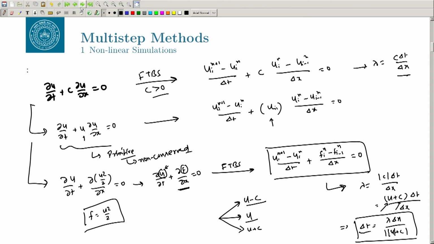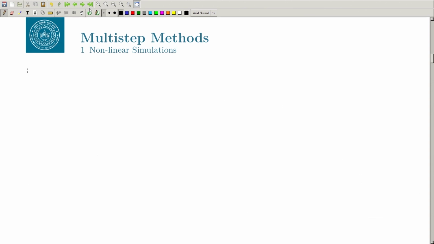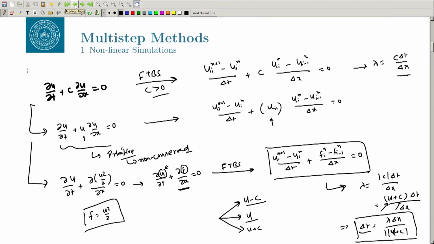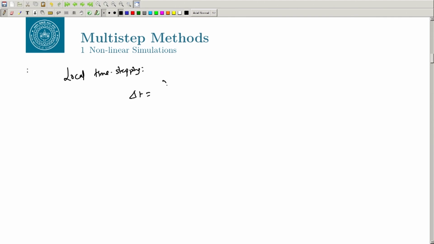This kind of simulation is basically called local time stepping, where you can calculate delta t every time using that relation, which is lambda delta x by u plus c.